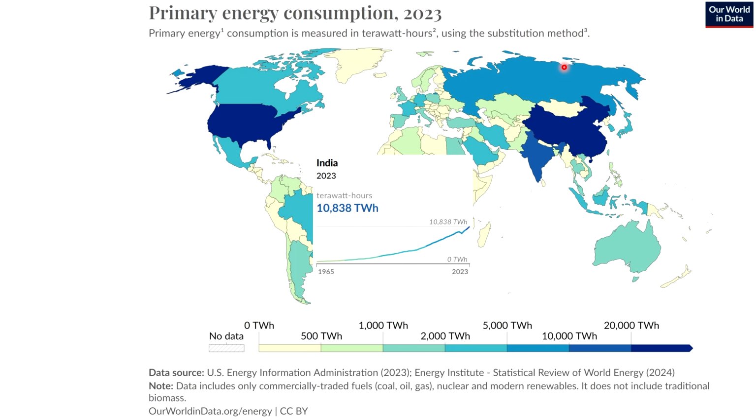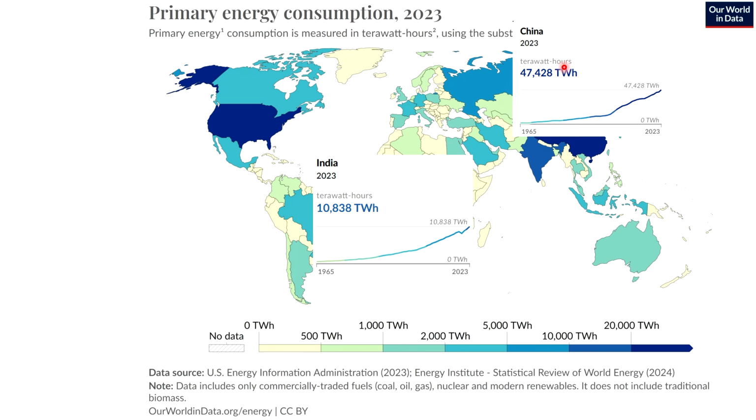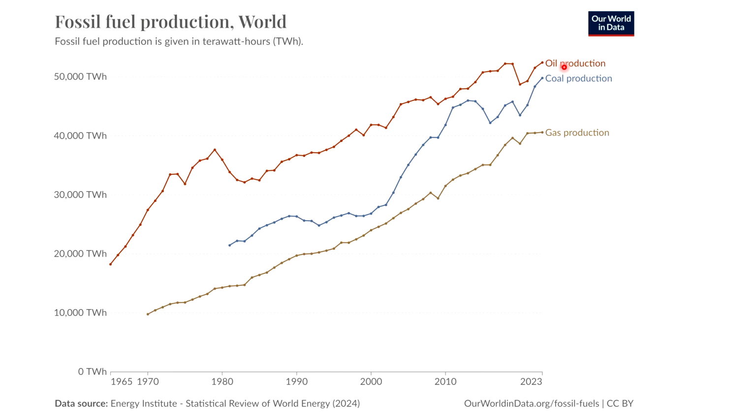So, India uses about 10,000 terawatt hours, China uses about 47,000 terawatt hours, the United States of America uses about 26,000 terawatt hours of energy, and all of this is built around fossil fuel use. So, you can see concurrently from 1965 to 2023, the production of oil, coal and gas has steadily increased, and all of these three sources provide us energy ranging from 40,000 terawatt hours to more than 50,000 terawatt hours.